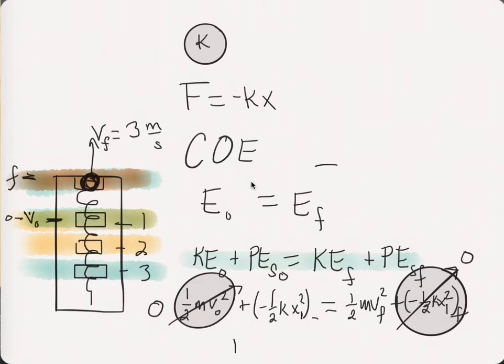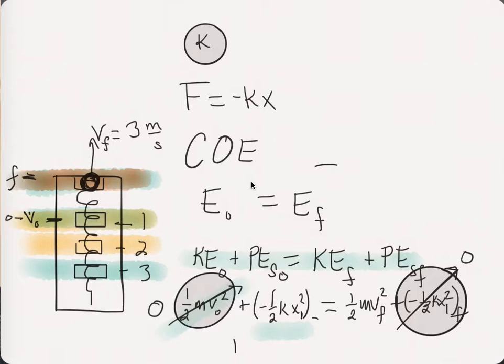So we found that when the ball is at position 1, position 2, or position 3, at that point the velocity is 0. It's at rest, so that's where we get this. And the only thing we have is our negative 1/2 kx squared in the first click position. The reason we have that is because all of the energy is stored inside of the spring.